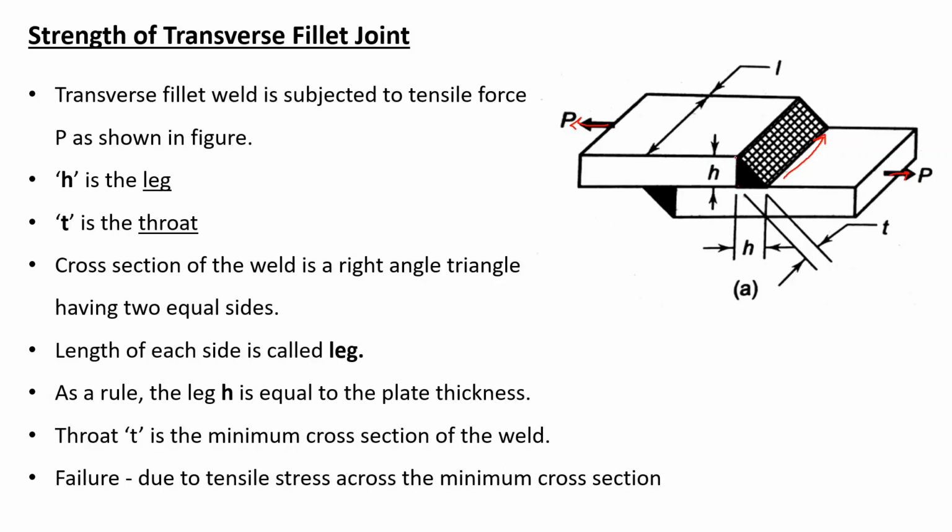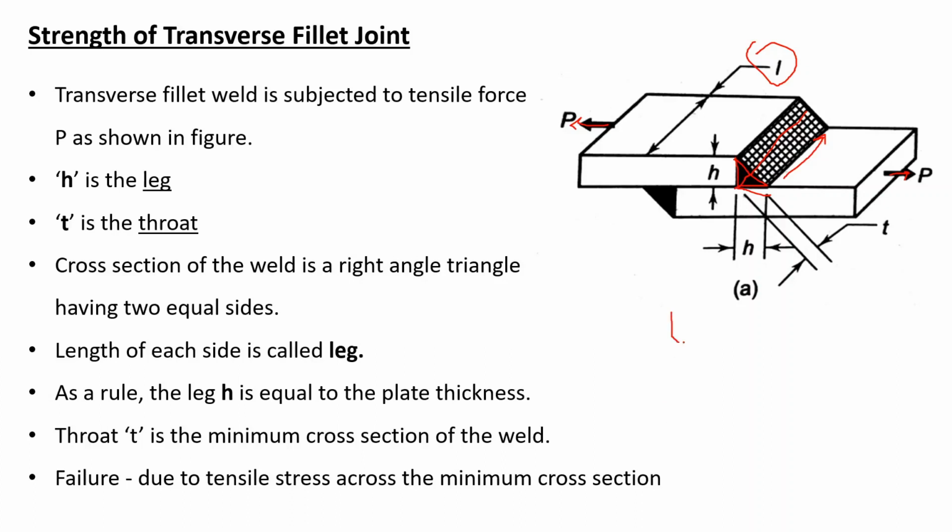This is the cross-section of the transverse fillet weld. Again this fillet weld will fail across the minimum cross-sectional area, which will be given by the throat T times the length of the weld. The length of the weld is given to us as L, and T is at an angle of 45 degrees as in the previous case.